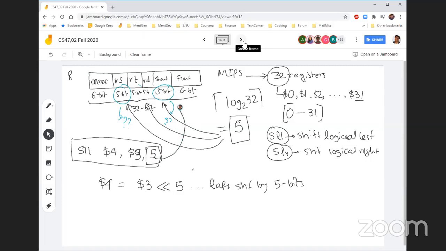Though it looks like an immediate instruction, it's basically an R-type instruction. That's a different story. Now think, all these registers are of 32 bits, right? They are of 32 bits.